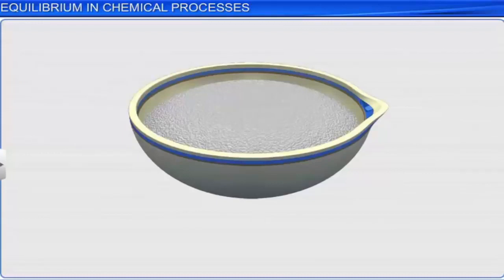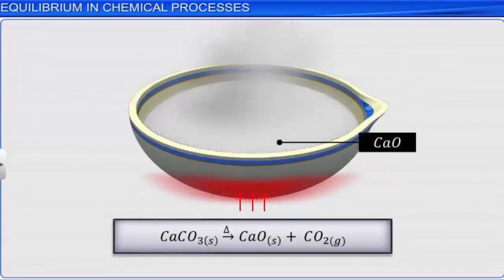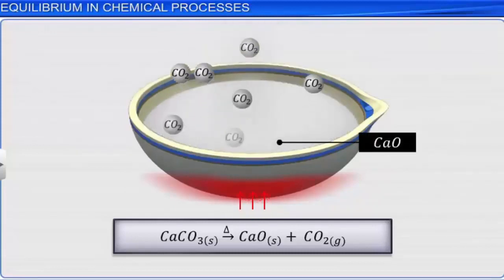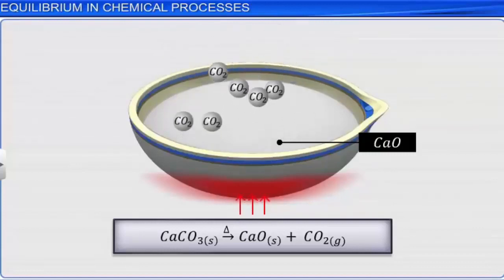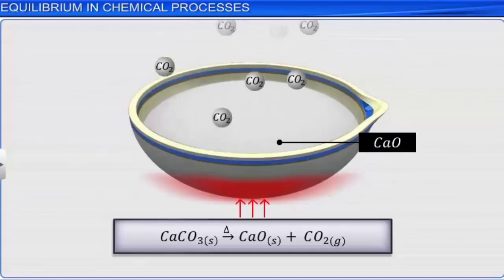When calcium carbonate is heated strongly, it decomposes to form calcium oxide and carbon dioxide gas. When this decomposition is carried out in an open vessel, carbon dioxide, being a gas, escapes.